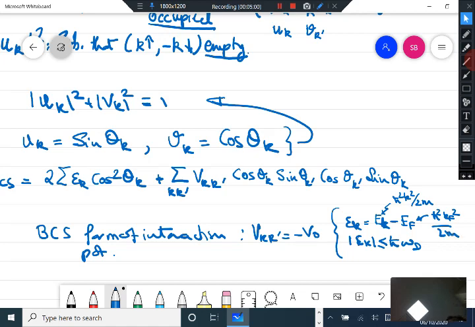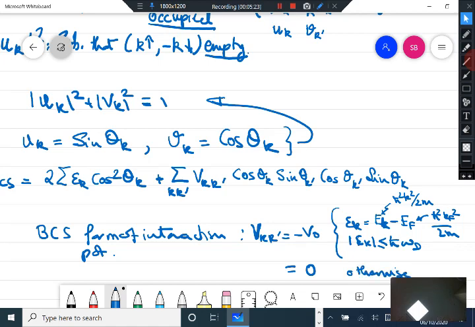So if you are measuring the energy of the particle with respect to the Fermi energy, and it is within h cross omega d, then the potential is attractive. Vkk prime is attractive, and it is 0 otherwise.